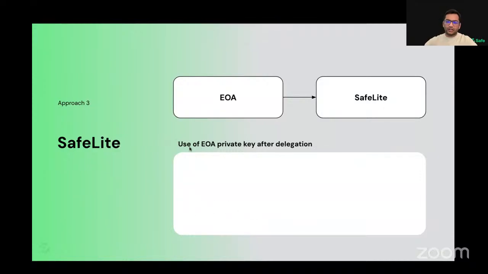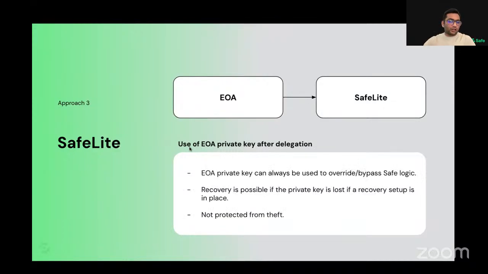One important thing with any of the implementations with EIP-7702 is that the private key of the EOA still can be used for overriding any of the logic that a smart account implements. It's not just specific to Safe, it's generic. Recovery is possible if the user still holds the private key of the EOA.